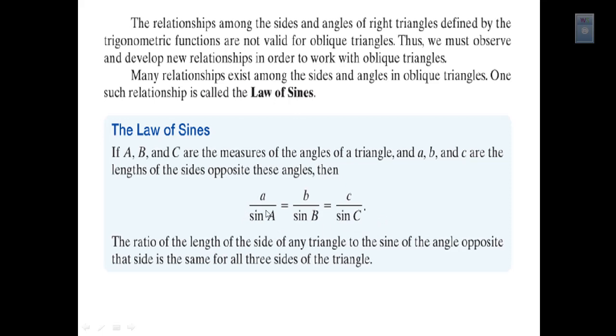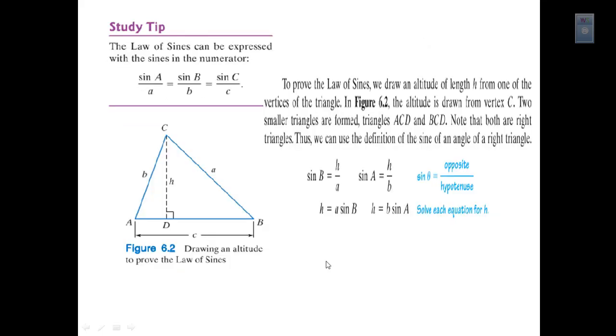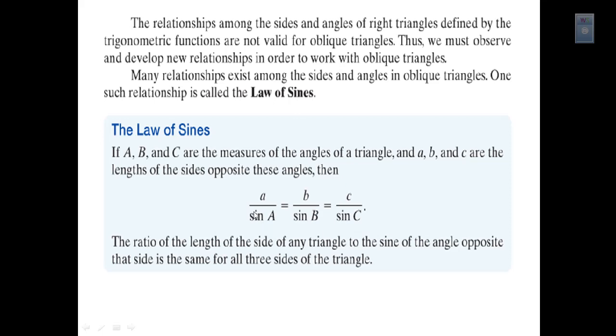Well, what that also means is that this proportion holds true, or this proportion holds true, or the proportion of a and c holds true. So we can take this, and if we know some of them, we can solve for the others.